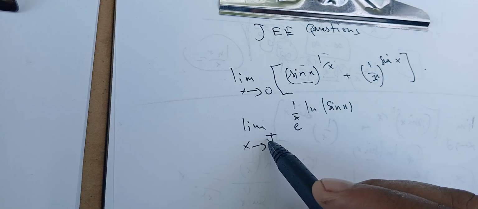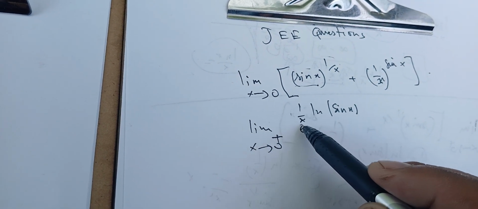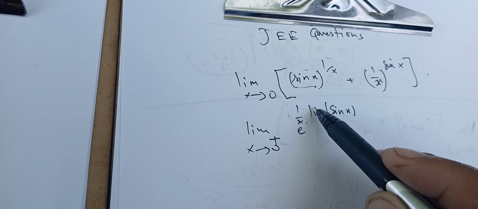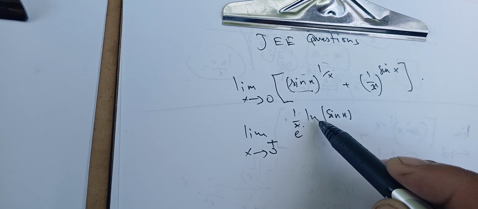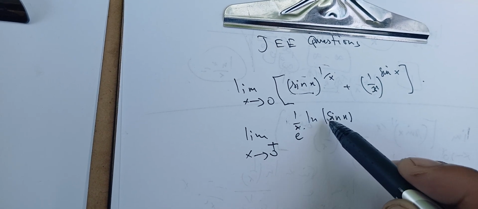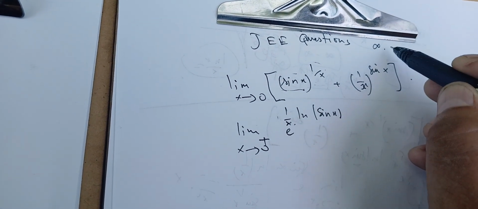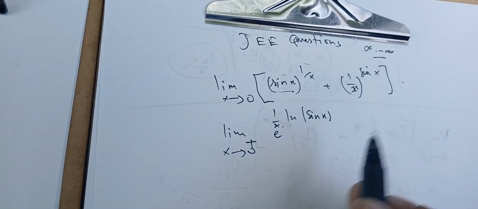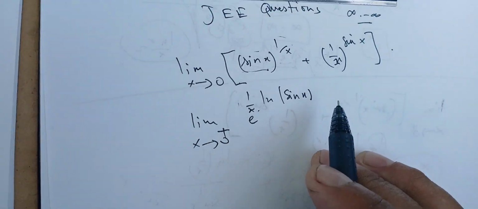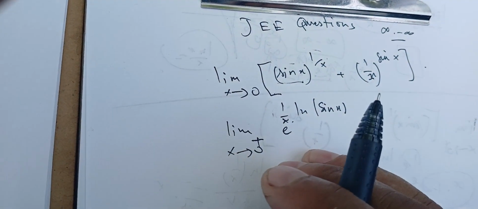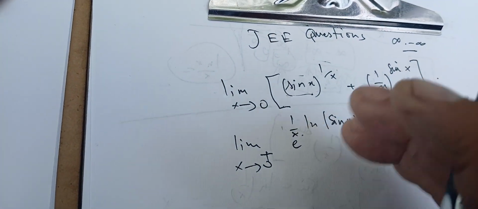Here, if we take the limit inside, we're going to get plus infinity times minus infinity, since the sine of 0 is 0 and the natural log of 0 is minus infinity. But since we are working close to 0, we can make it work by using equivalent functions.